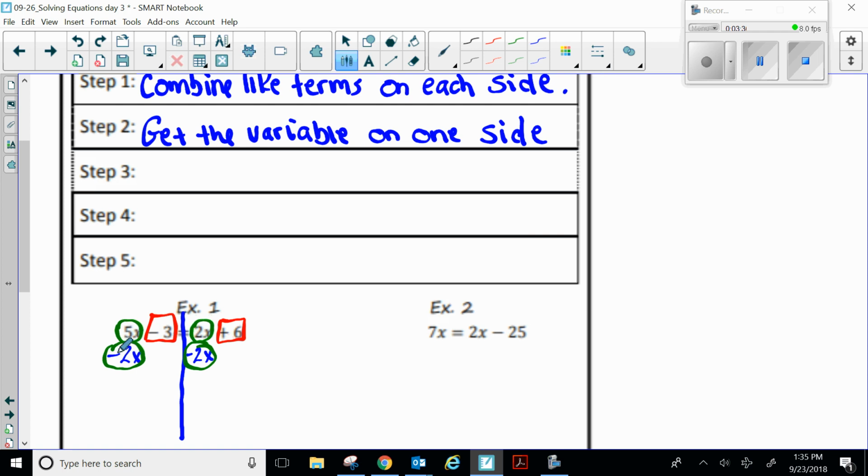After I subtract my 2x from both sides, on my left side I'll be left with 3x minus 3, and on my right side, 2x and -2x made 0, so I'm only left with +6. So just to help myself, I'm going to go ahead and remark my terms. So I have 3x and -3 and 6.